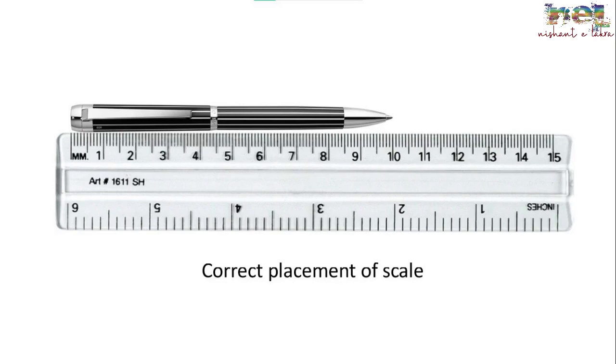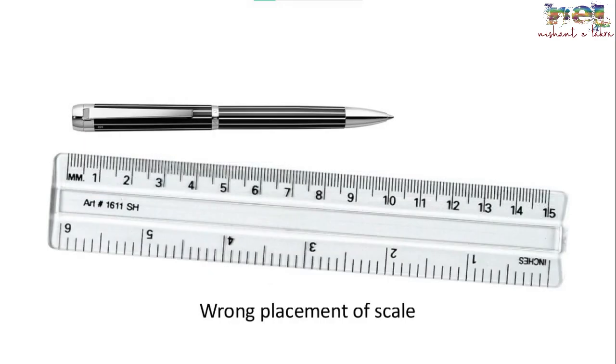Remember that you have to keep the scale parallel to the side of the object which you are planning to measure. It should also be in touch with the object being measured. Do not keep the scale away from the object to measure. Now on the screen you can see the correct placement of scale, and this is the wrong placement of scale.